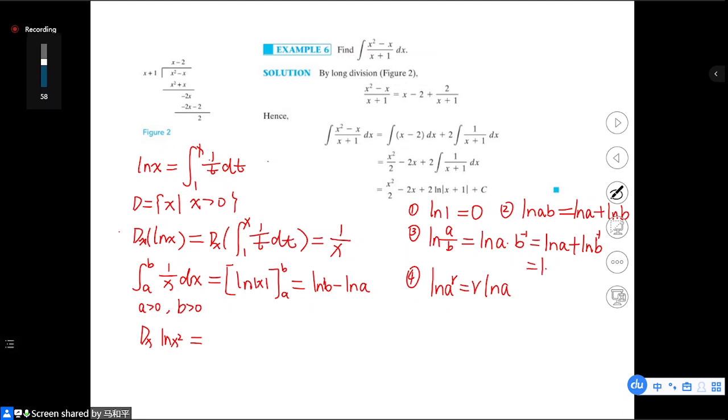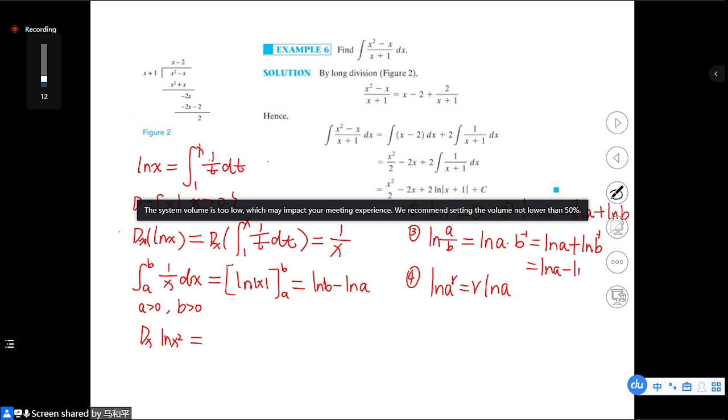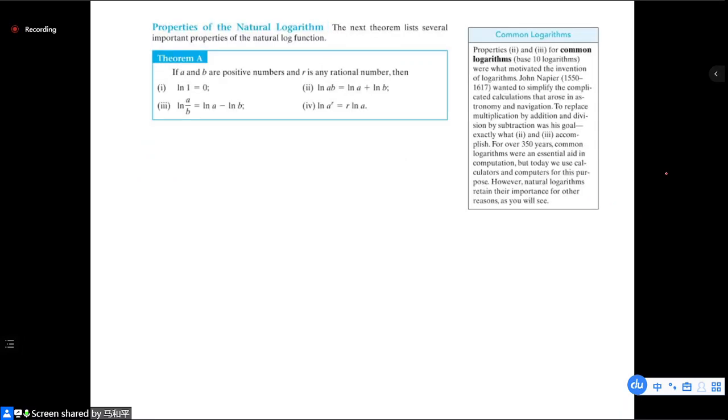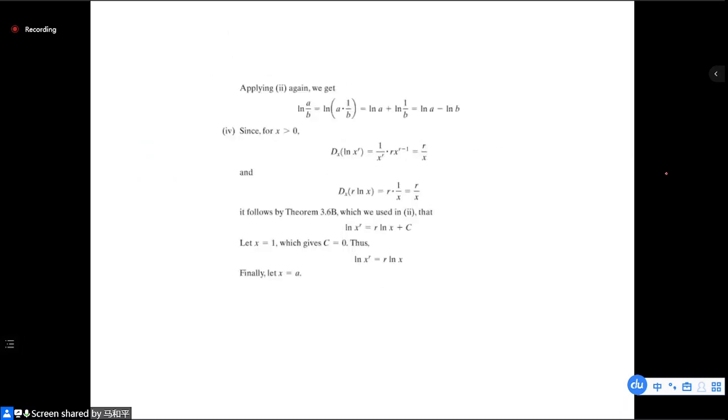We write this as ln A minus ln B. Right? So this is the third. We learned these important properties of the ln function.